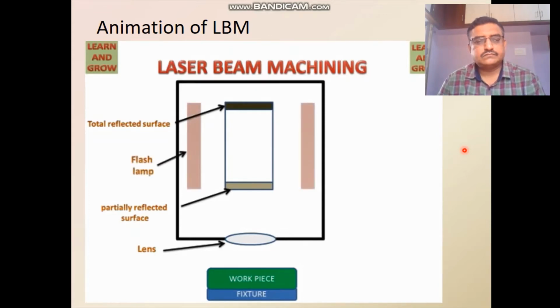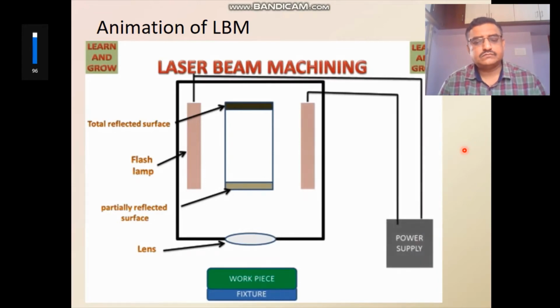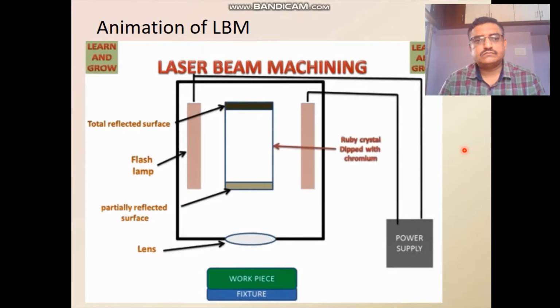These are the flash lamps which will excite the electrons or photons in this ruby crystal. There is a power supply source which is connected to the flash lamp for giving supply to the flash lamps. This is the ruby crystal.